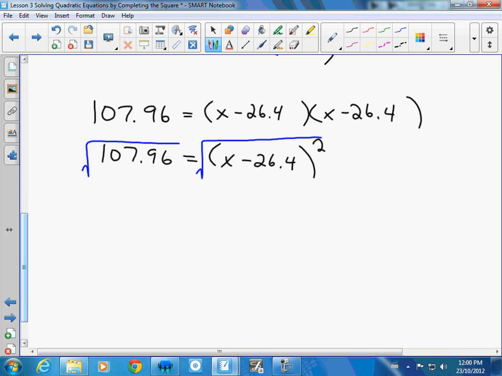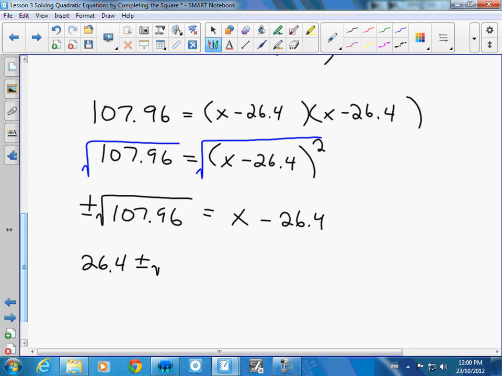I'm gonna put plus or minus the square root of 107.96. Right? We'll actually figure it out in a minute. And this one is x minus 26.4. Okay. I want x by itself. So what do I do with that negative 26.4? Move it to the other side. So 26.4 plus or minus the square root of 107.96 equals x.